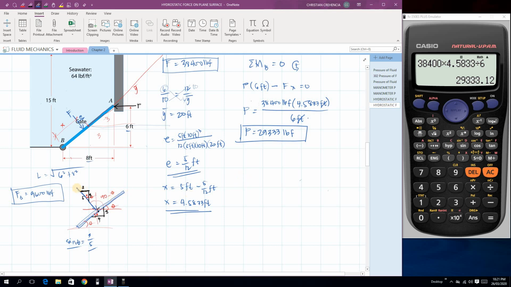Okay, so, meron tayong component dito ng hydrostatic force. So, let's say this is Fx. This is Fy. Okay. Then, yung Fx will be equal to, iba yung parang hypotenuse natin dito sa triangle na to is yung F. Then, sine theta dapat.